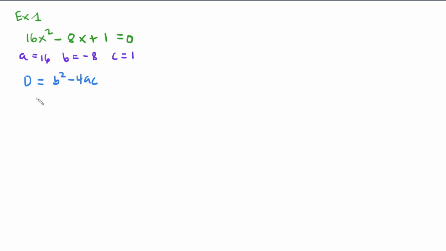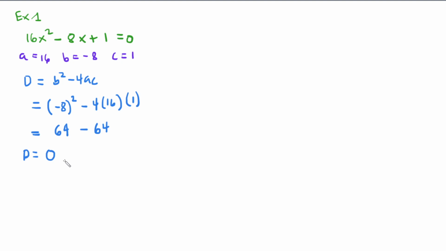So let's try to determine first the discriminant. Let's just substitute the values. So we have b is negative 8 squared minus 4, a is 16, then c is 1. So we have negative 8 squared, that is 64, minus 4 times 16 times 1, that is also 64. So our D is equal to 0.